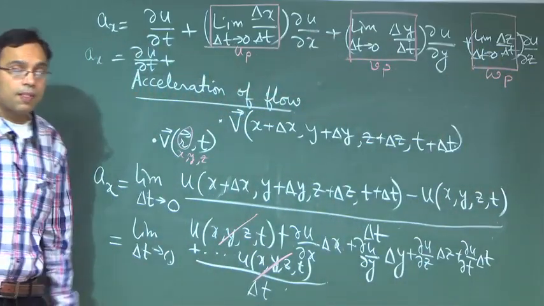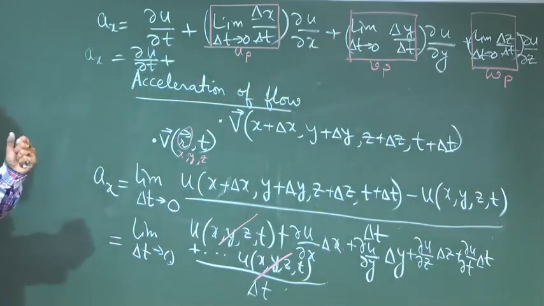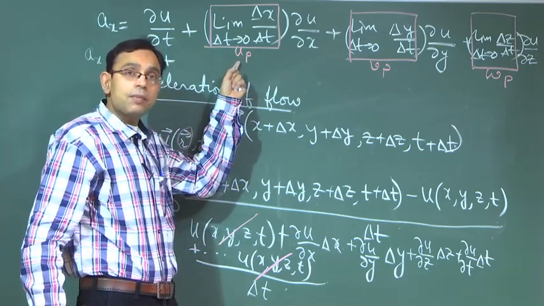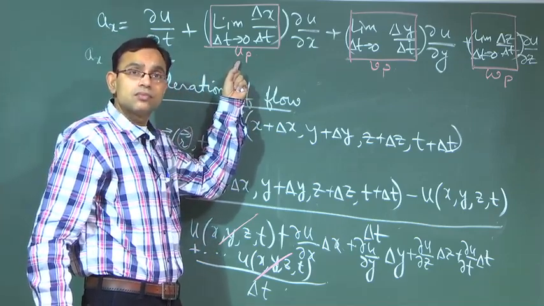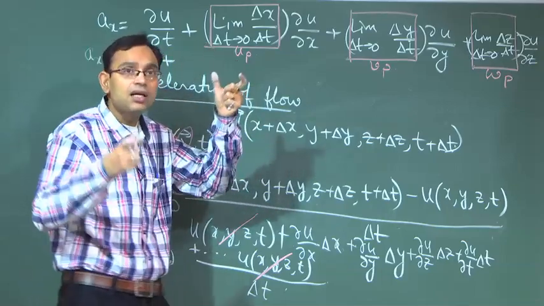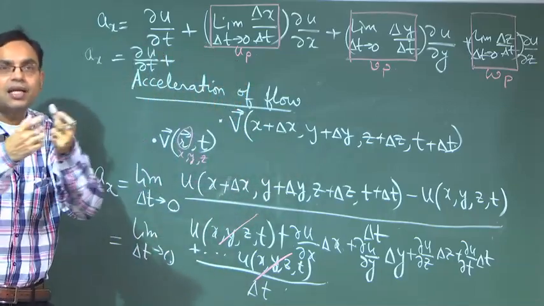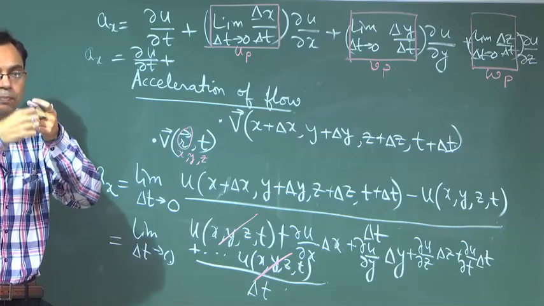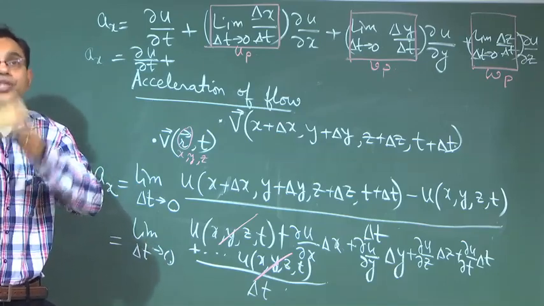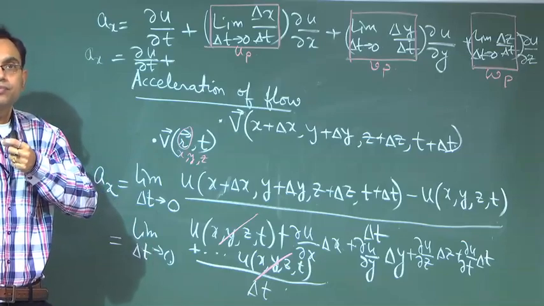Now, the most important concept is: is the u of the particle same as the u of the flow? The answer is yes, because as we are taking the limit as delta t tends to 0, the particle is essentially converging to that point at which we are measuring the velocity.